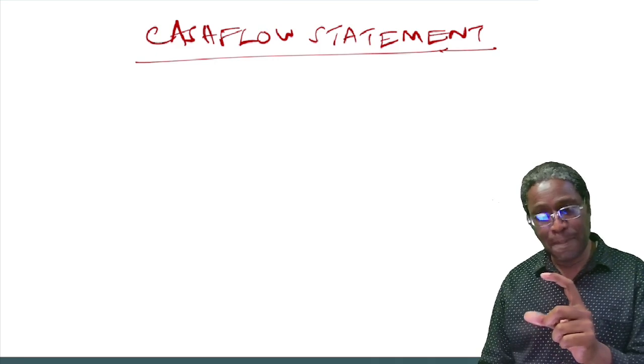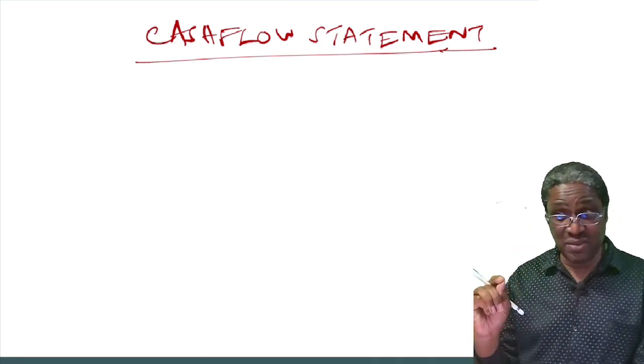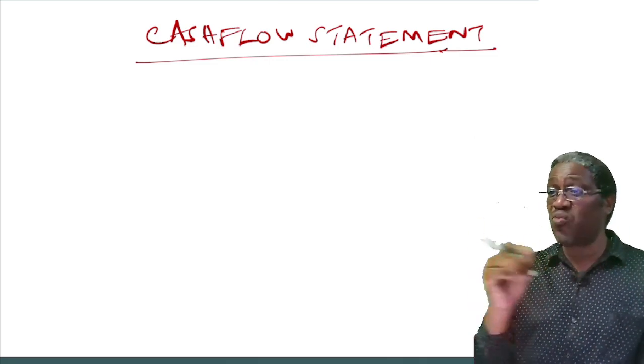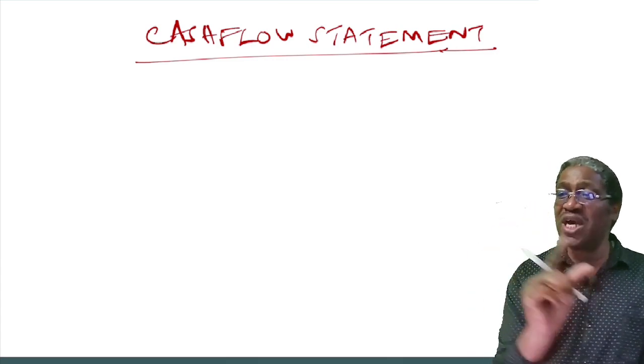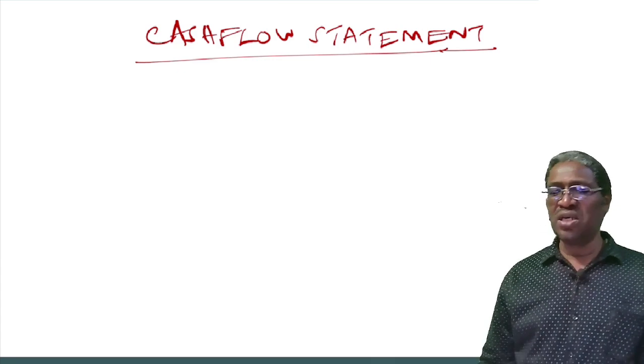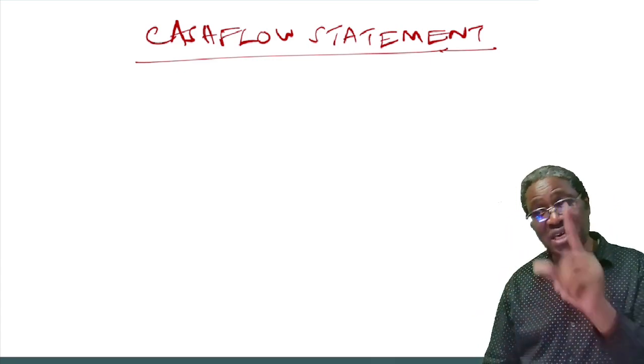Listen, I am not saying that you have to put down the workings for every item. No, there are some items you don't have to analyze in terms of workings. But by looking at the balance sheet last year and balance sheet this year, you can be able to tell the movement. So you have to keep analyzing every item in the balance sheet.